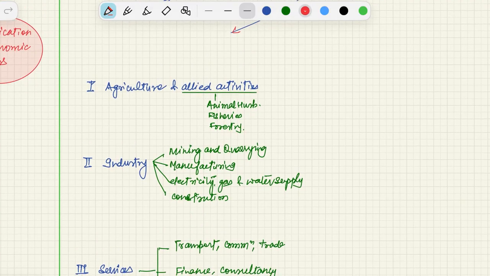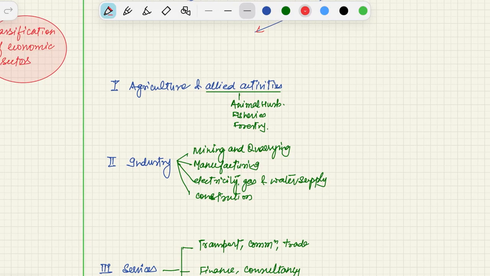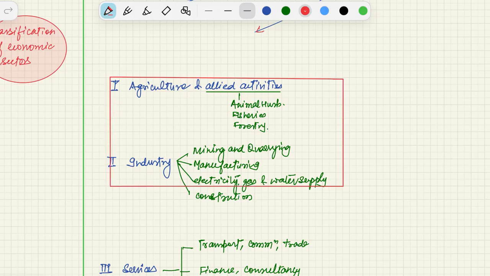So there are different sectors of the economy, right? If you talk about agriculture up to the electricity, gas and water supply, this part here, national income is calculated through the production method.